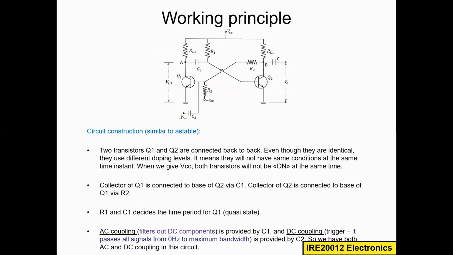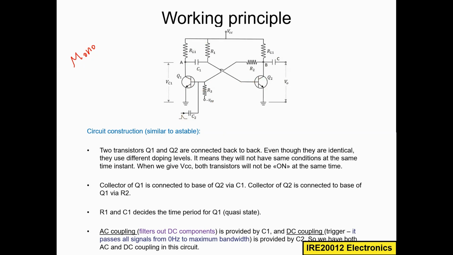Now we will see the circuit. This is the circuit design of the monostable multivibrator. Only one state is stable. Here you see the circuit construction more closely. Two transistors Q1 and Q2 are connected back to back. Even though they are identical, they use different doping levels.